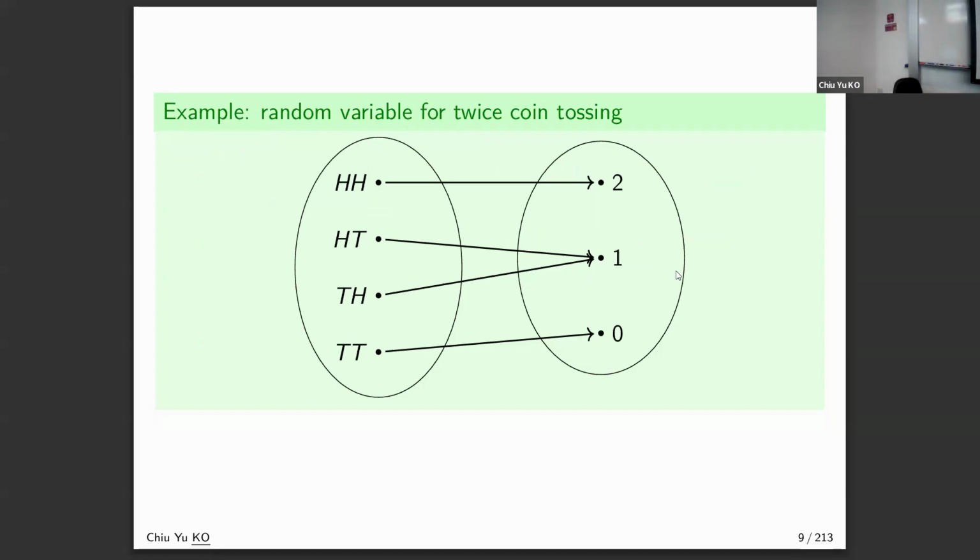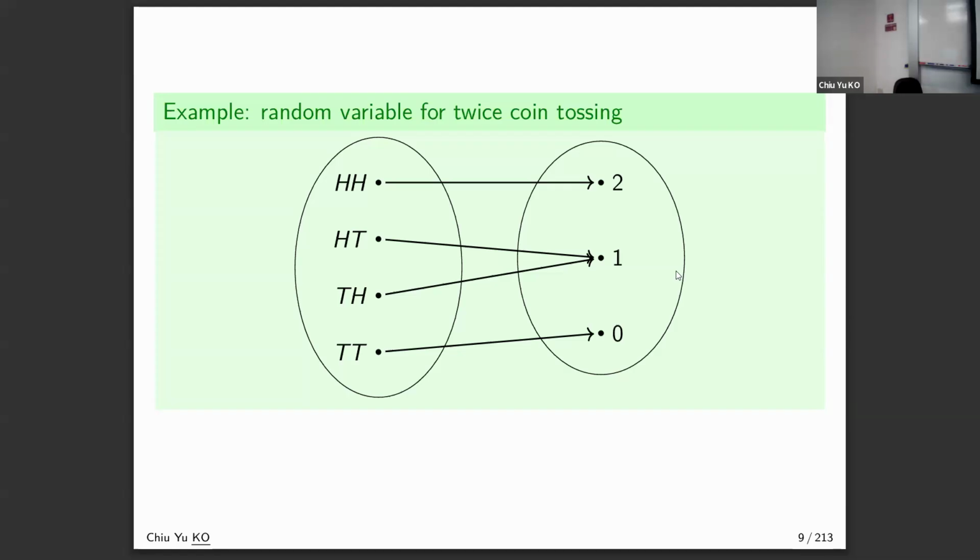You can go from the sample space to the number, and then with some way to model the number, which one appears more often. On the left-hand side, if your coin is fair, then each outcome is equally likely. But on the right-hand side, each number doesn't appear equally likely. So there's a cost of using a number, because not each outcome is equally likely.